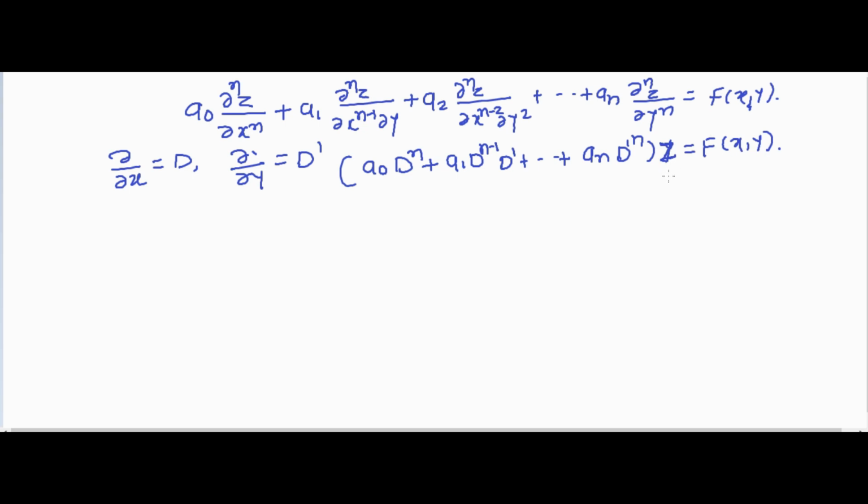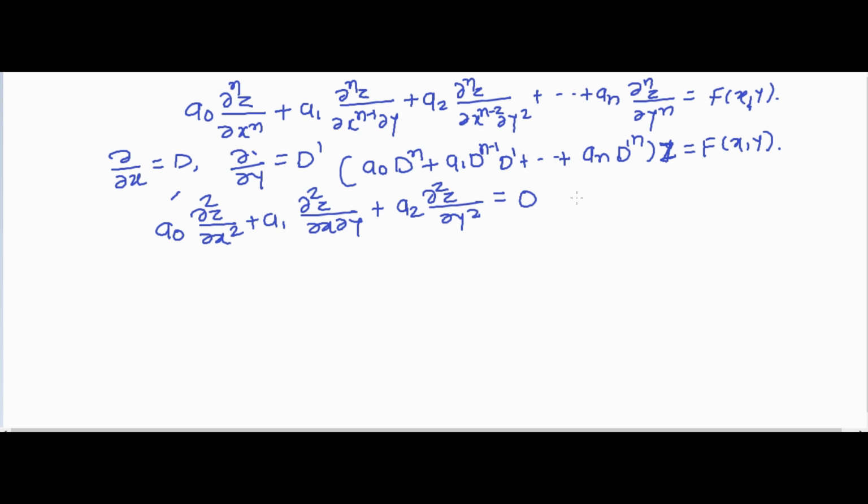Now friends, to solve this equation we consider a second order equation. Suppose a0 del squared z by del x squared plus a1 del squared z by del x del y plus a2 del squared z by del y squared equal to 0.